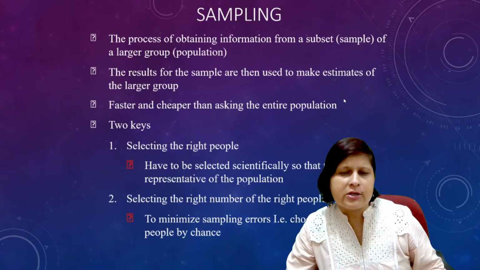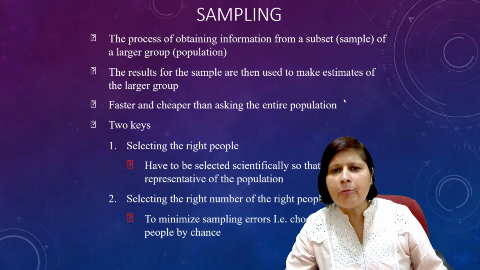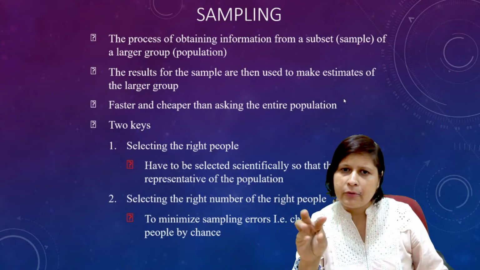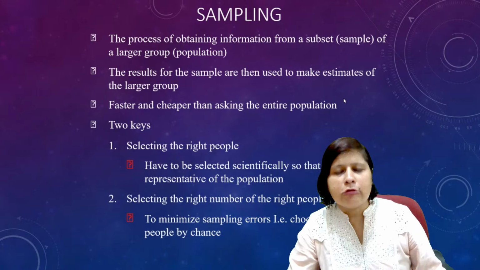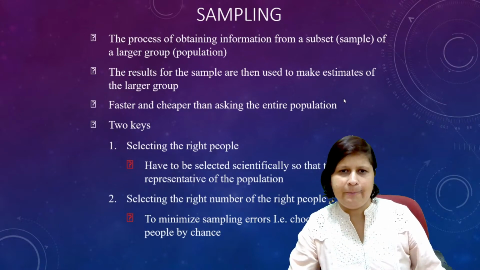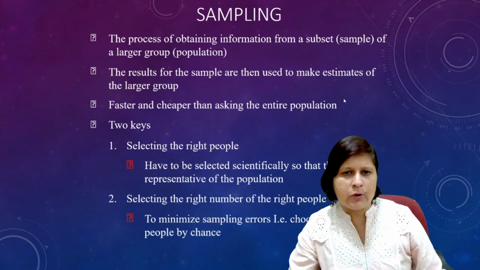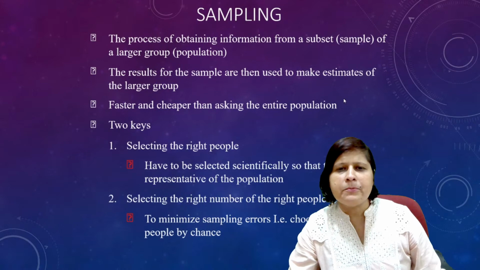So the teenagers of a particular area is your population. It's a larger group, while sample is a subset of your population. When you choose some units from that population, those units are known as sample. How can you choose those units? That we'll discuss today. The results from the sample are then used to make estimates of a larger group.